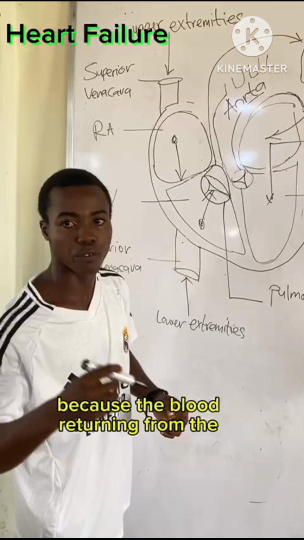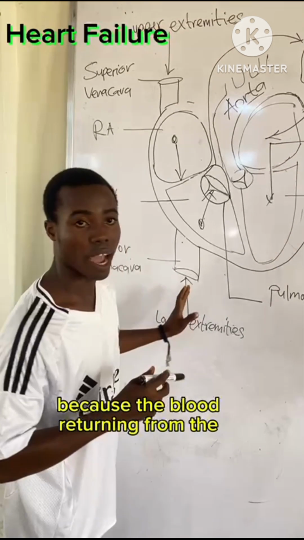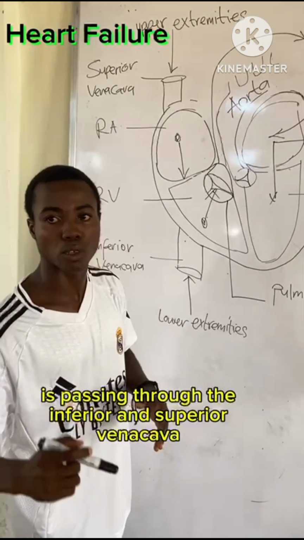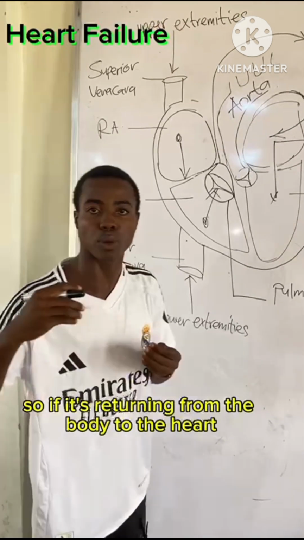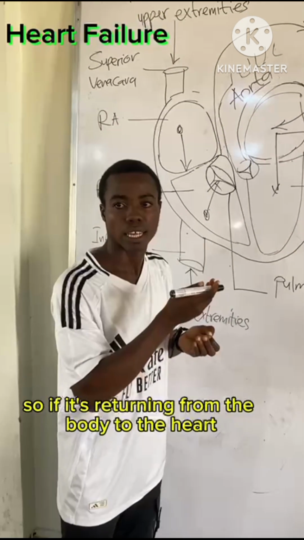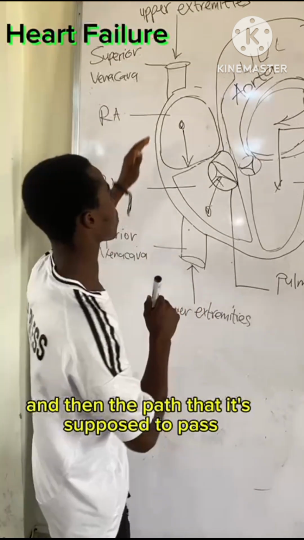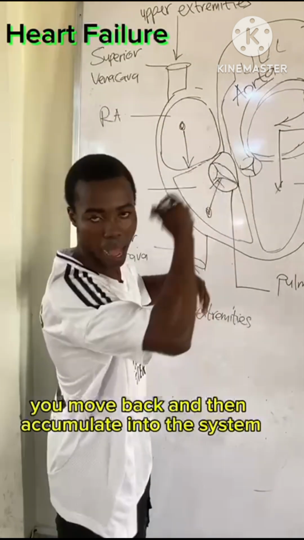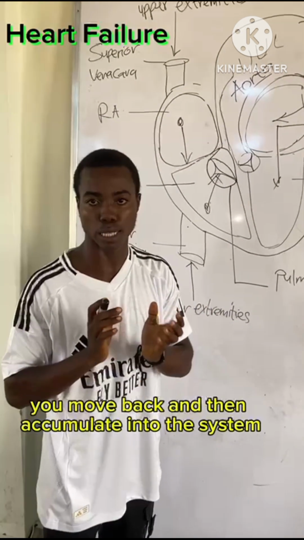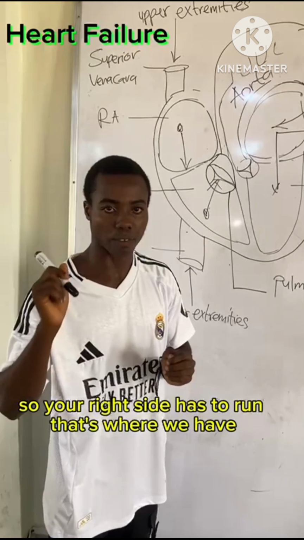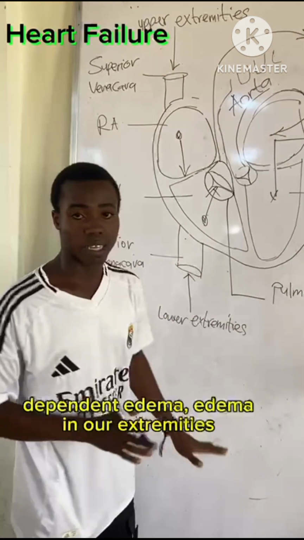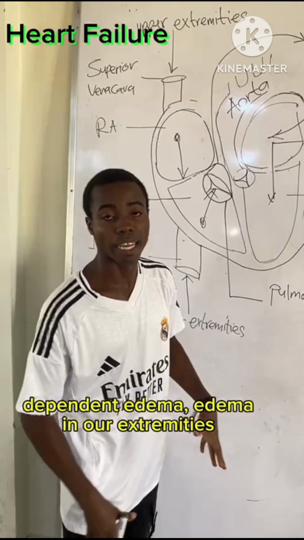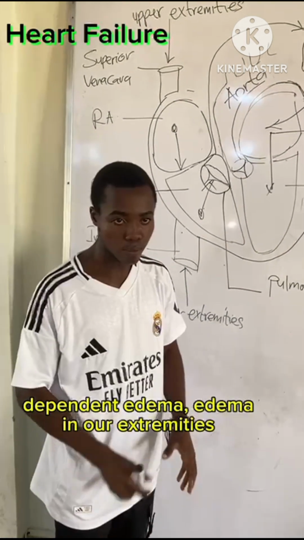If it's returning from the body to the heart and the path that it's supposed to pass through is blocked, it will move back and accumulate in the system. So in right-sided heart failure, that's where we have dependent edema in our lower extremities.